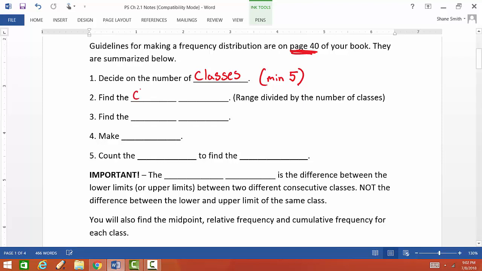Okay, so we're going to find the class width, which, after you decide on the number of classes, is the range divided by the number of classes. Then you find the class limits. We make tallies, and we count the tallies to find the frequency.